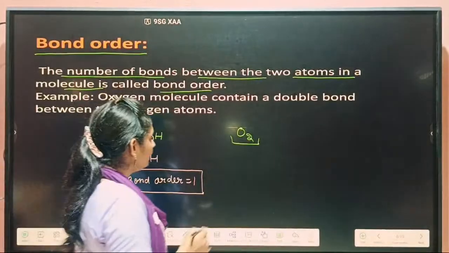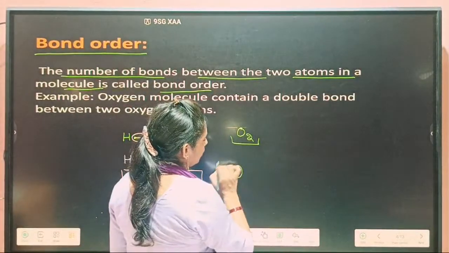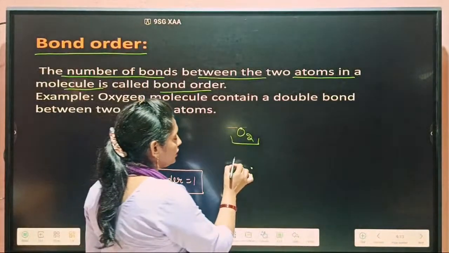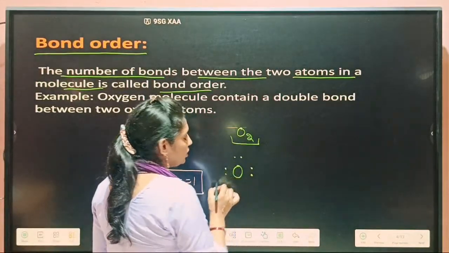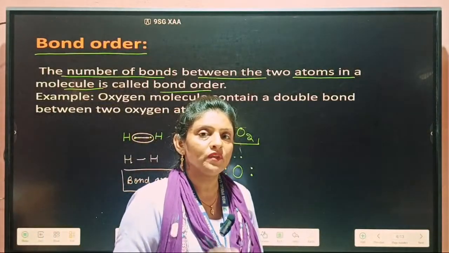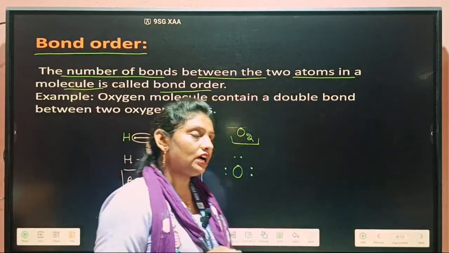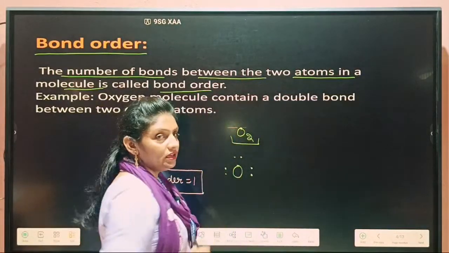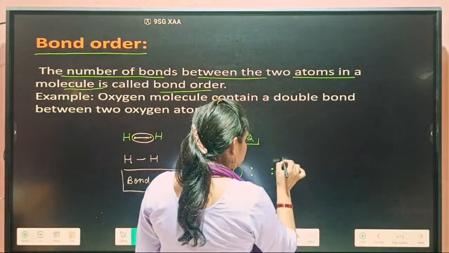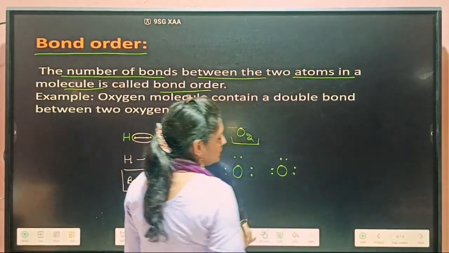But students, if I talk about oxygen O2, what will happen here? Oxygen has 6 electrons in its outermost shell. There are 6 valence electrons in case of oxygen, because oxygen atomic number is 8 and configuration will be 2, 6. So there are 6 valence electrons in one oxygen element, and in the second oxygen also there are 6.